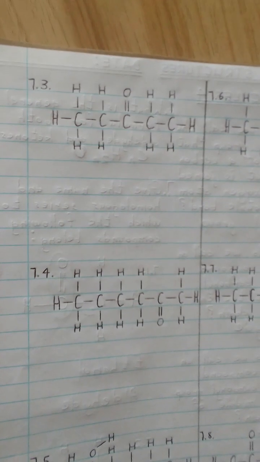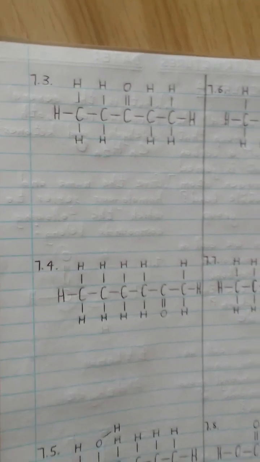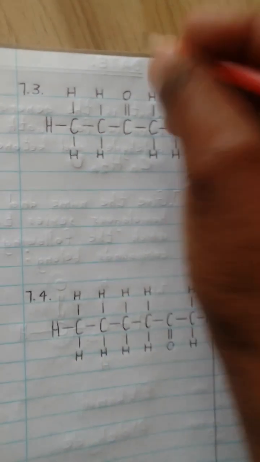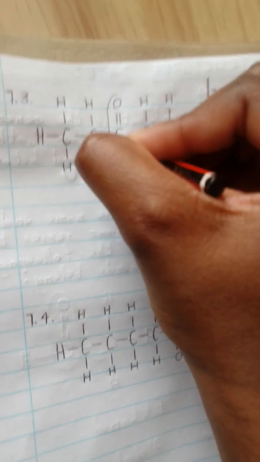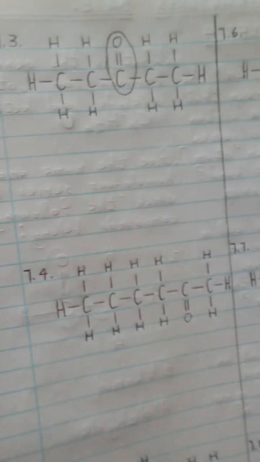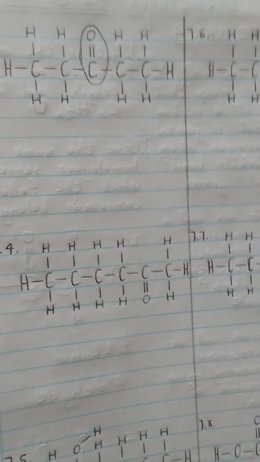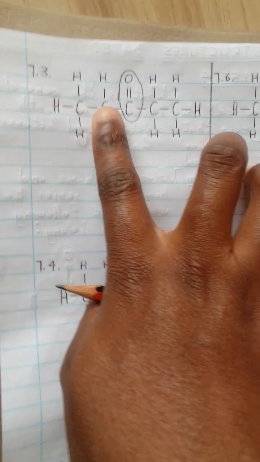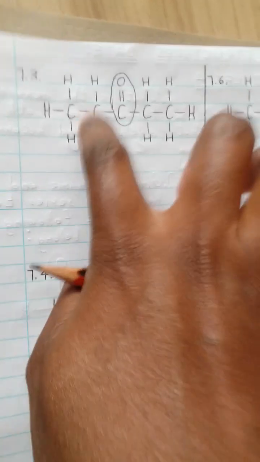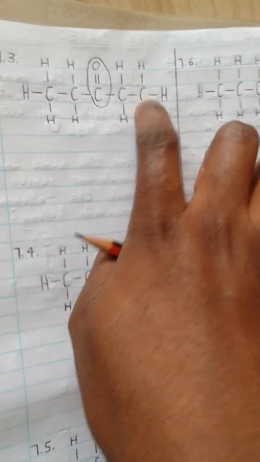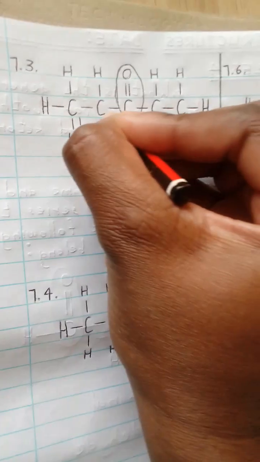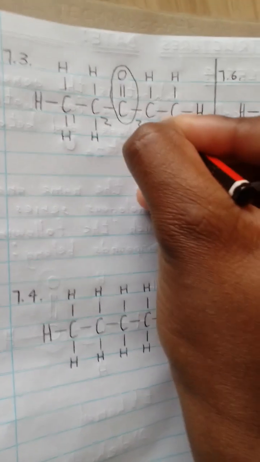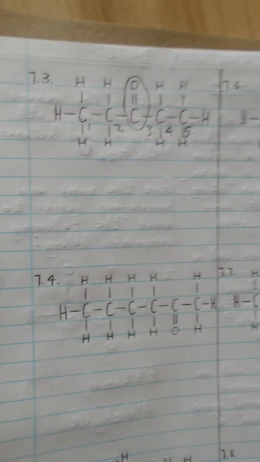7.3, you have that molecular structure, right? You have a carbonyl functional group, right? But it's attached to carbon this side, carbon this side. So this is a ketone. If we start here, 1, 2, 3, 4, 5. If we start here, 1, 2, 3, 4, 5. So what is the name?